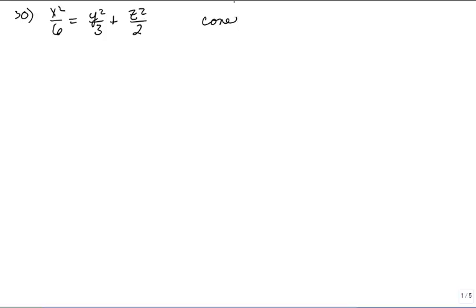If you look in your text, page 872, one of the variables is squared on the left side of the equation, and then you have the other two positive, so that's going to be a cone. 32, one of the variables is not squared, and one of the squared ones has a negative, so that's going to be the hyperbolic paraboloid.